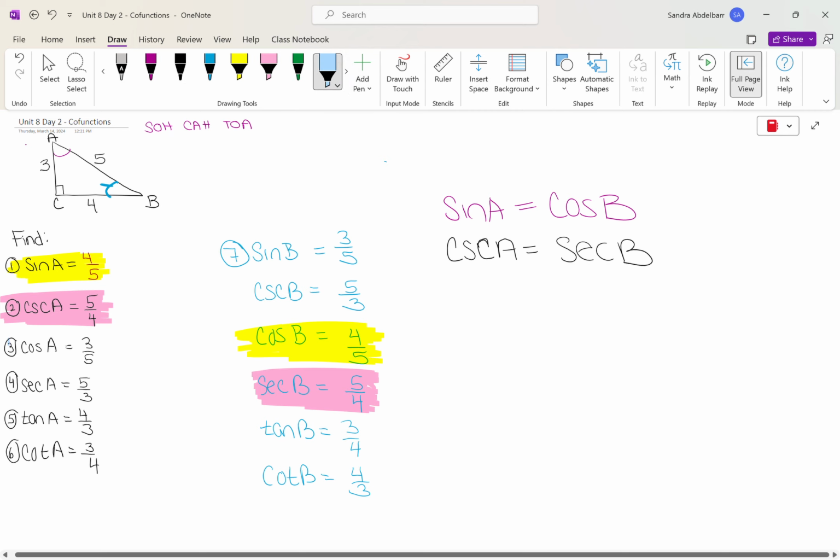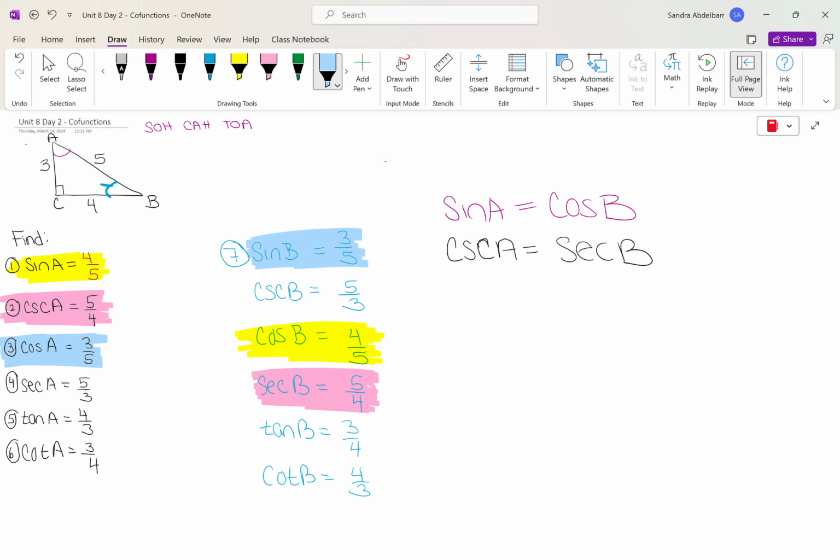All right, what about cosine of A? Which one is that the same as? Sine B. All right, we're going to keep going. Get a different color. What about the secant of A?